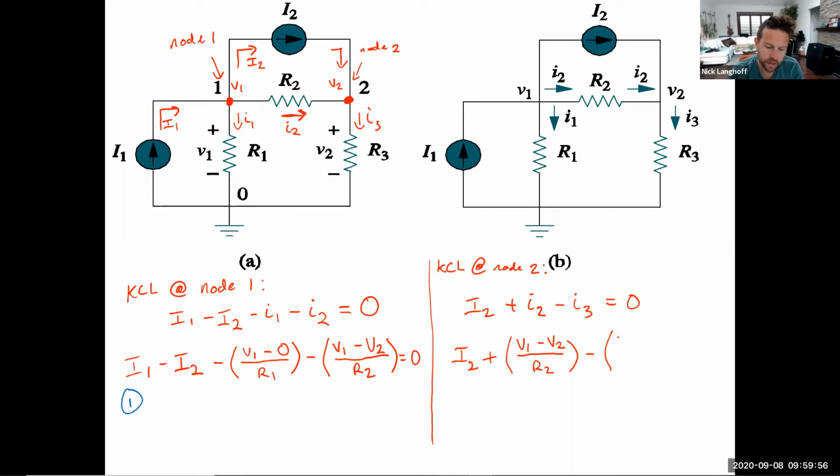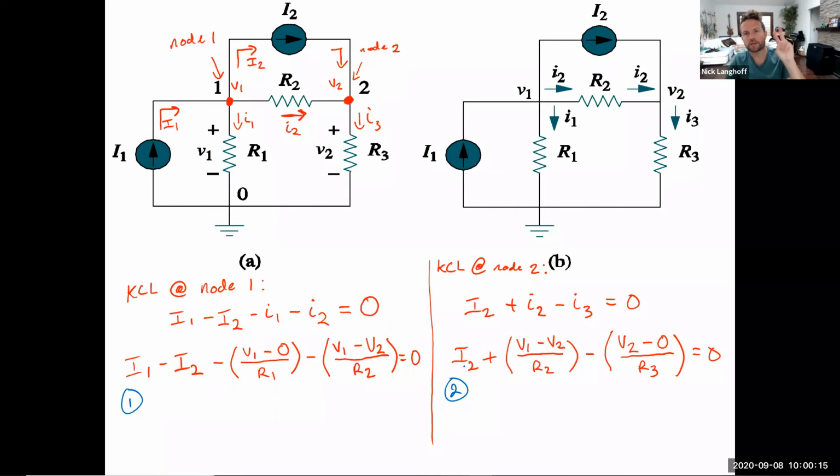So then i3 would be, well, the voltage on one side of R3 is V2. The voltage on the other side is 0, ground. The resistance in between is R3, and all of that is equal to 0. And that is our equation 2. Two equations, two unknowns, and you can algebraically rearrange this and solve the system.